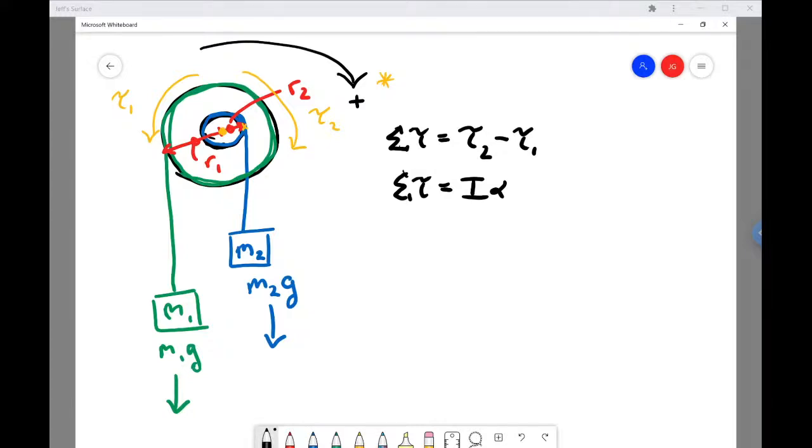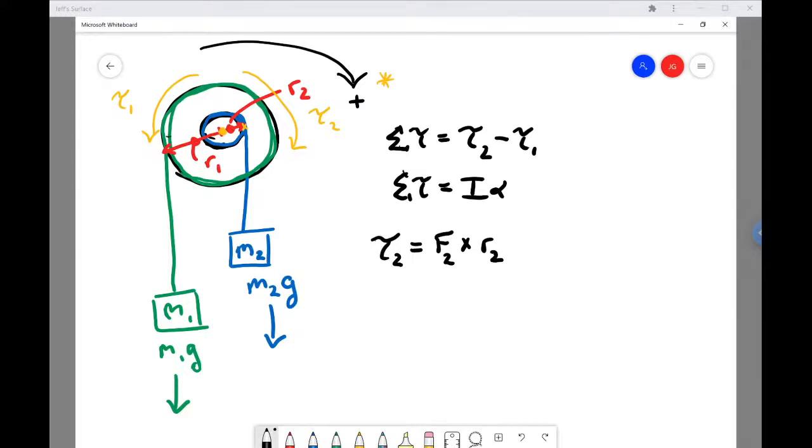So the torque tau 2 is going to have a magnitude equal to the force exerted by mass 2 crossed into that distance r2. These forces are applied exactly perpendicular to the wheels.